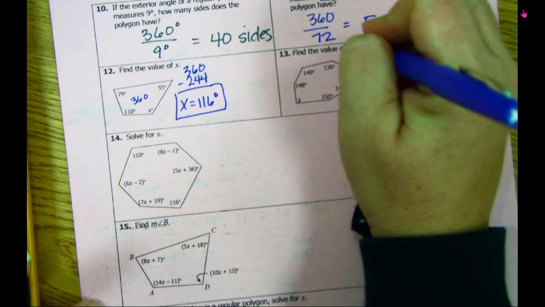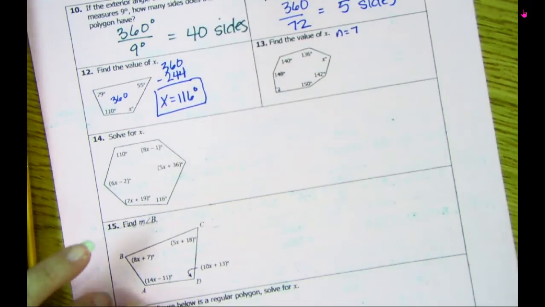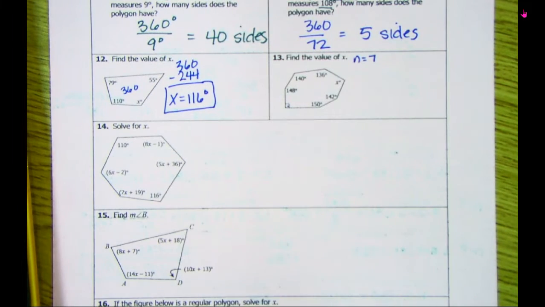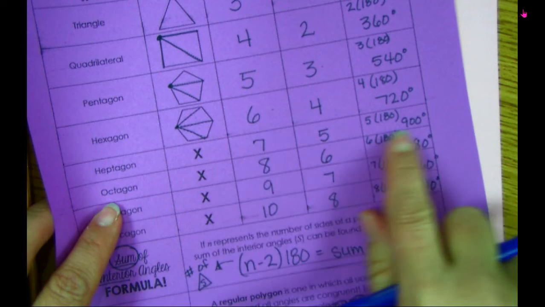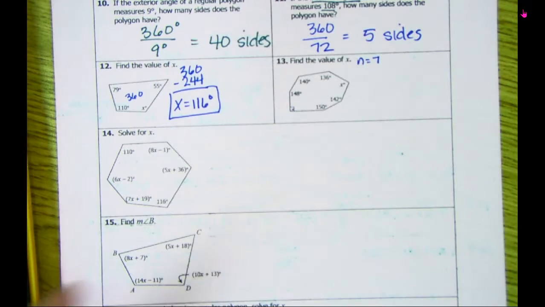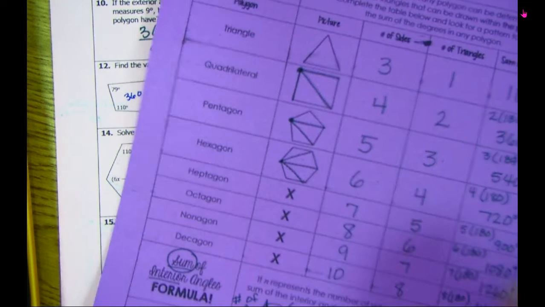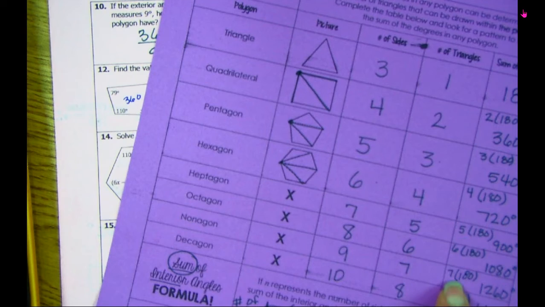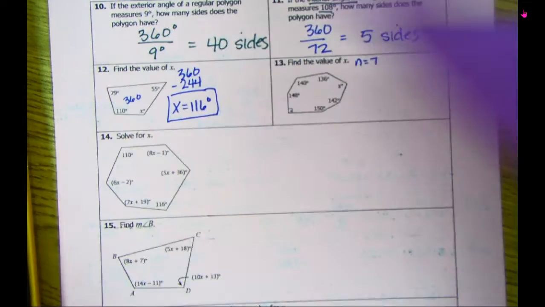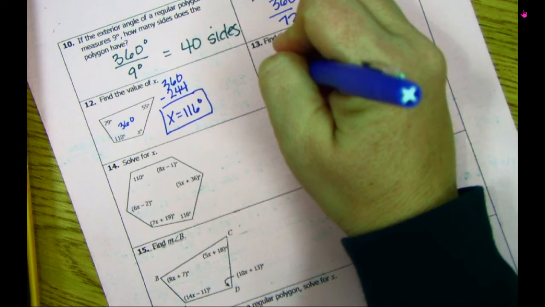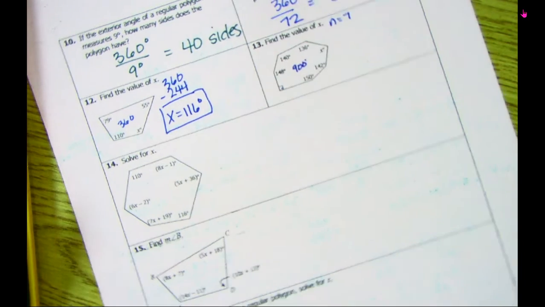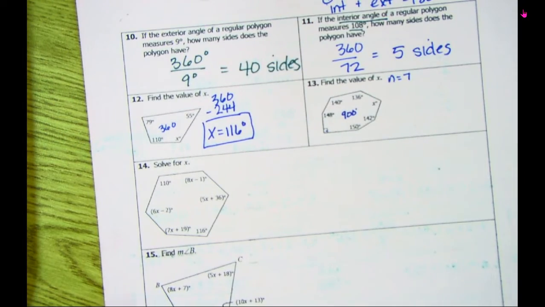So since n is 7, then I know, according to my notes, 7 sides, there's 900 degrees. If I don't remember that, then you're going to have to do the n minus 2 times 180, okay? But I know that the inside has to add up to 900 because I'm using my notes.